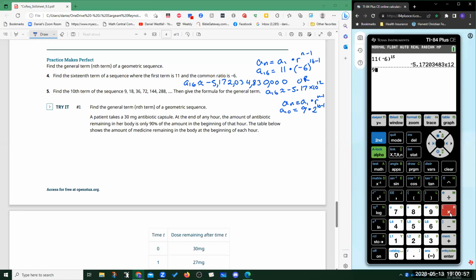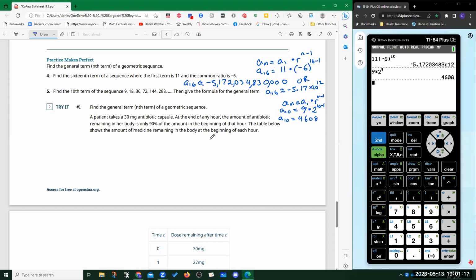So 9 times 2 to the 9th is a_10 is 4608.